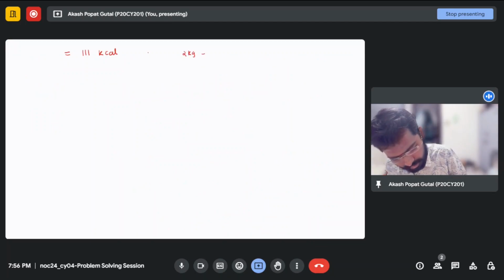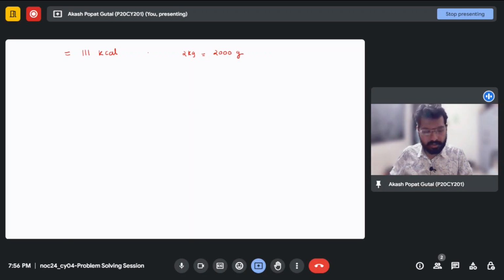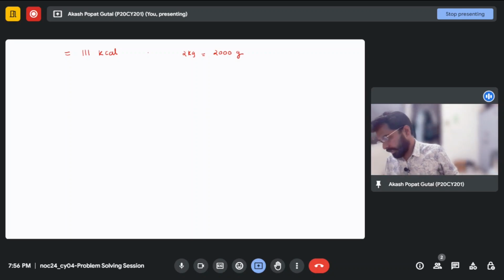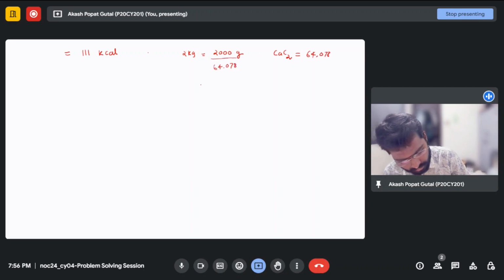In 2 kg, which means 2000 gram, the number of moles of CaC2: the molecular weight of CaC2 is 64.078. If we divide 2000 by 64.078, we get the moles, which is 31.21.